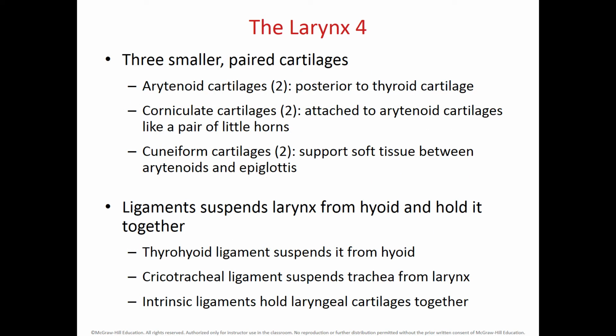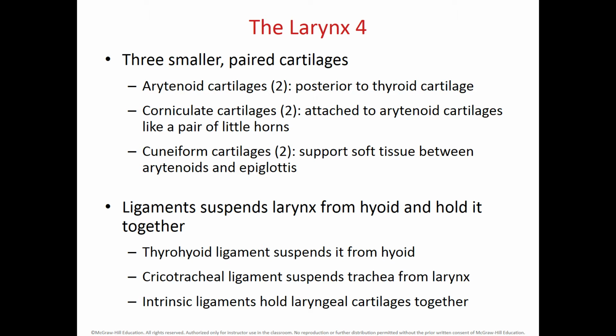The 3 paired small cartilages of the larynx are the arytenoid, the corniculate, and the cuneiform. And they help to tense the muscles of our larynx so we can produce different pitches of voice.